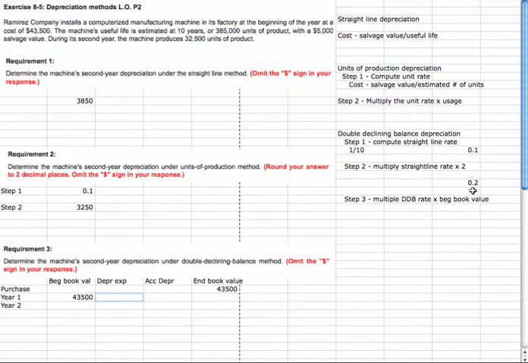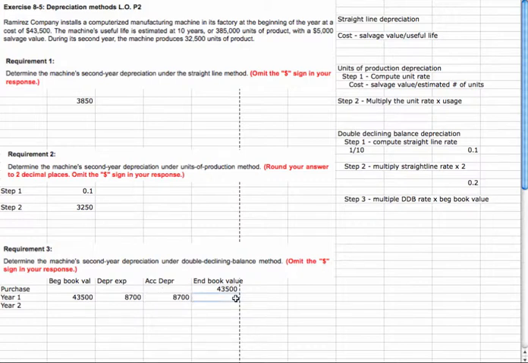Now, in step 3, it says multiply the double declining balance rate against the beginning book value. My double declining balance rate was 20%, so I'm going to take the $43,500 times 20%, or 0.2, to give me depreciation in the first year of $8,700. Because this is the first year, my accumulated depreciation is also $8,700.